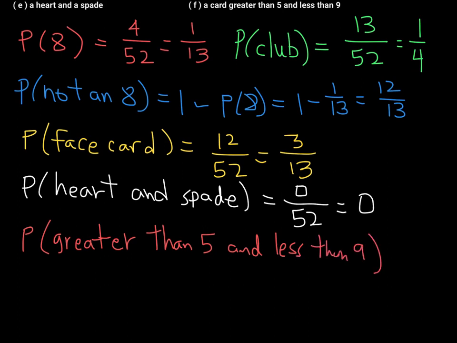Okay, I know that's sloppy, but there are 12 altogether, right? Because there were 3 numbers, 6, 7, and 8, and in each one of them there's 4 for the suits. And so 12 out of 52, which simplifies to 3 over 13. So that's the probability for the last one. That was fun.